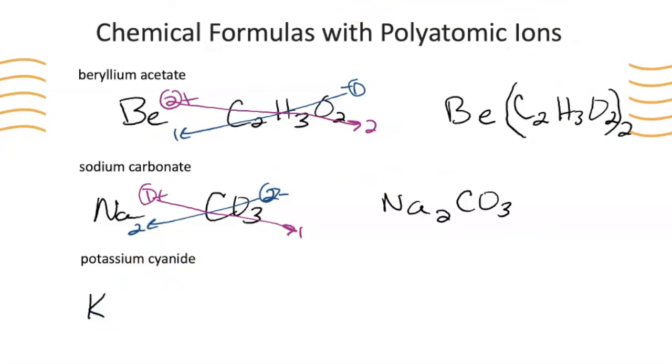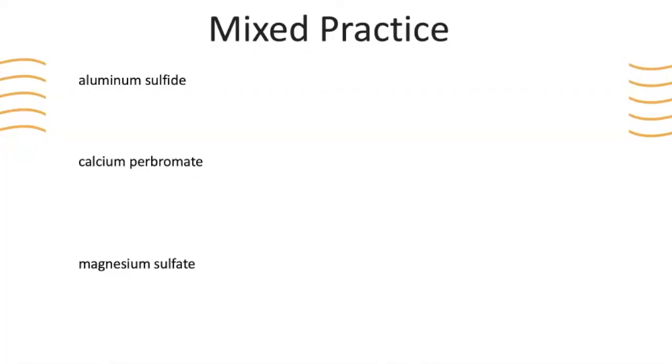Potassium has a +1 charge, and cyanide, which is capital C, capital N, has a -1 charge. If we follow our drop swap, we see that both of these will have the same subscript. So we follow the rule where we will write them without a subscript.